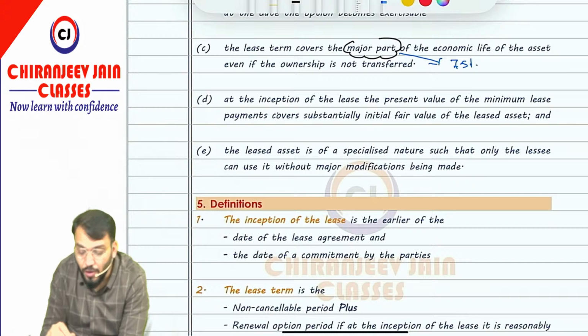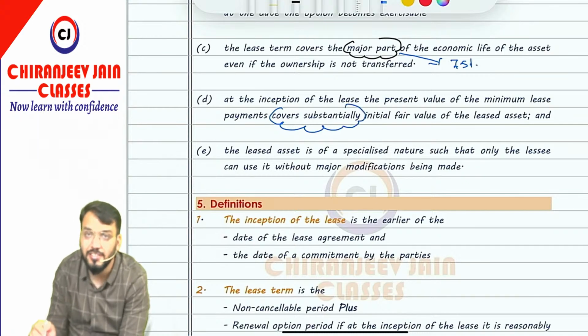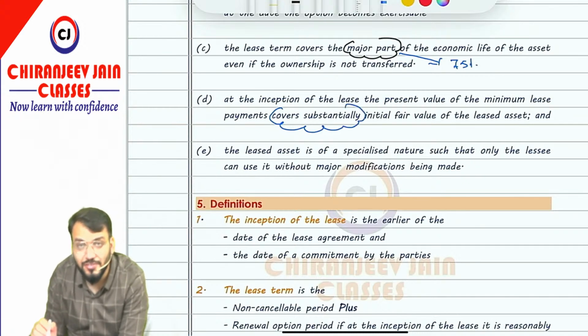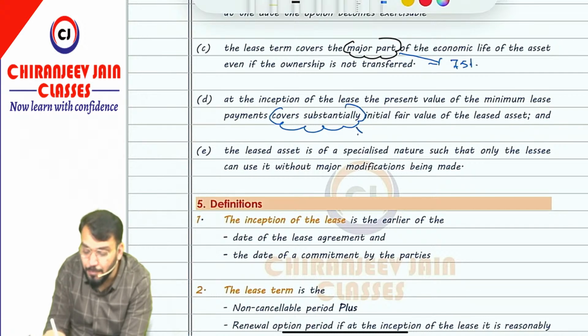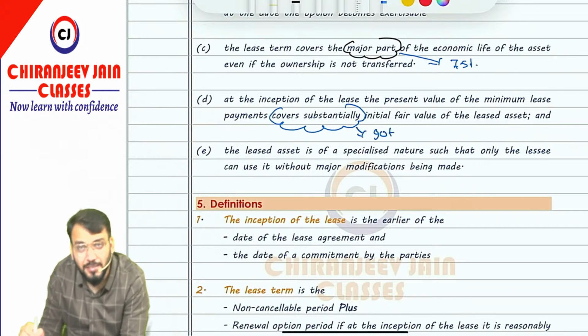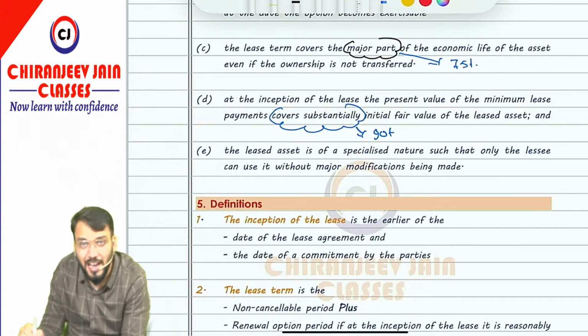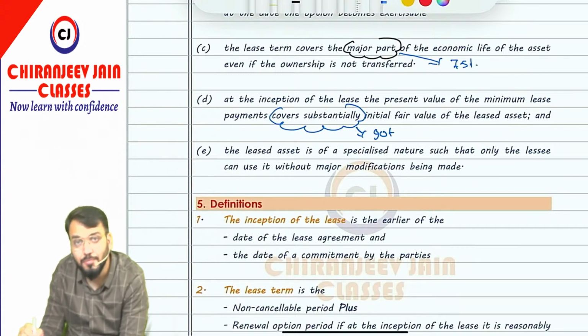Understood? So on inception of lease, the present value of minimum lease payment covers substantially the initial value of the leased asset. Once again, the word substantially has not been defined. From exam point of view, it will be equal to 90%. So if the present value of minimum lease payment is either equal to or more than 90% of the fair value, from exam point of view, it will be a finance lease.